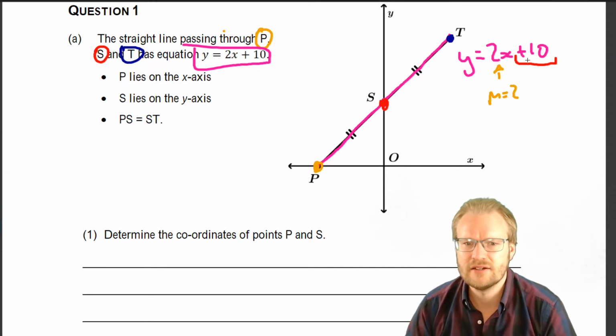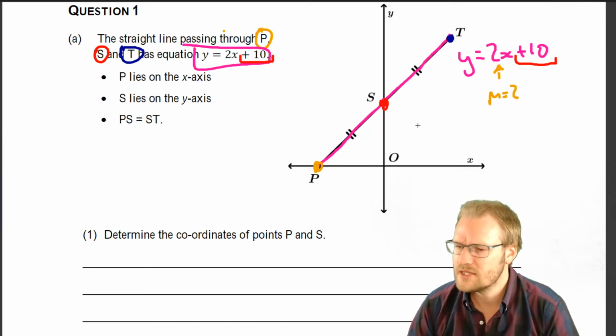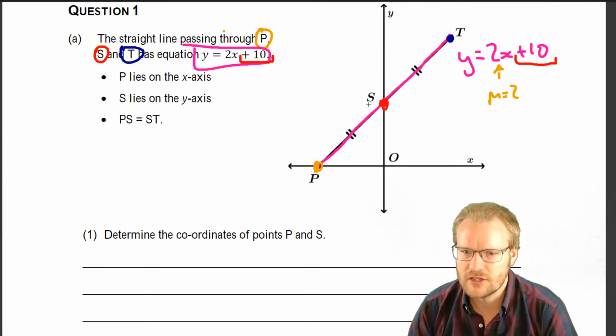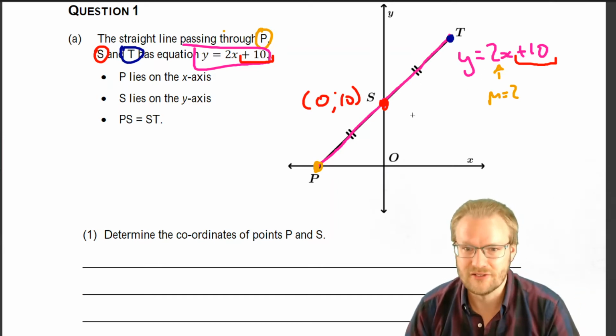What does the +10 in the equation of a straight line tell us? It tells us the y value of the y-intercept. So we know that point is (0, 10), almost like it's given to us.